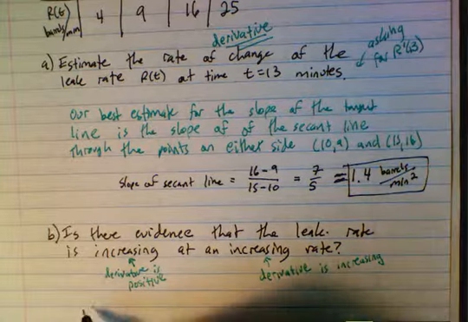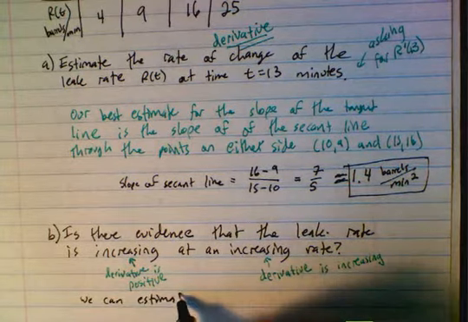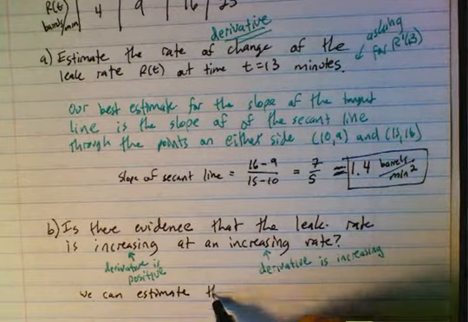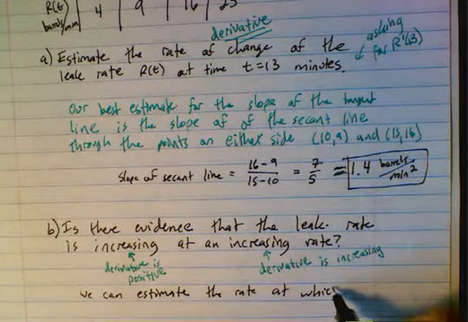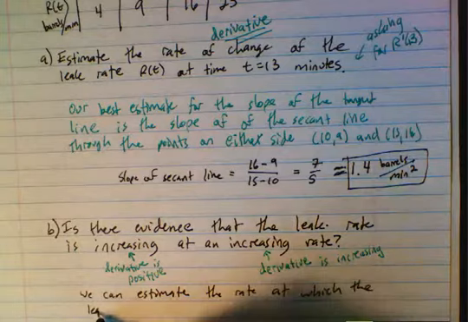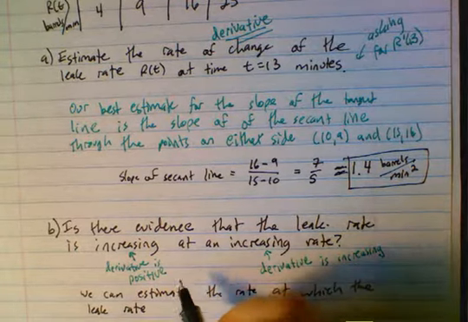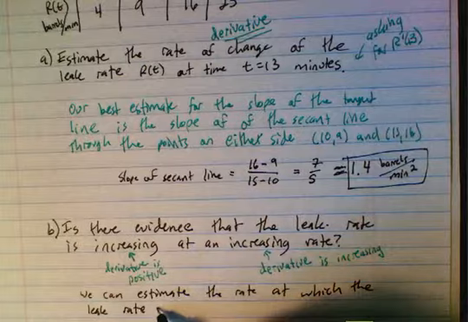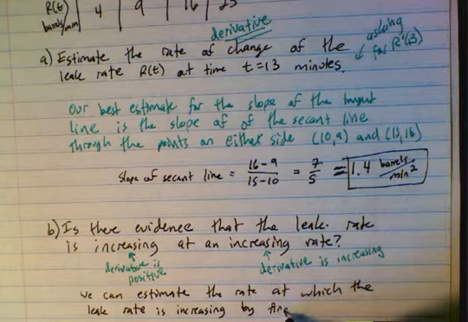We can estimate the rate at which the leak rate is increasing by finding the slope of secant lines.